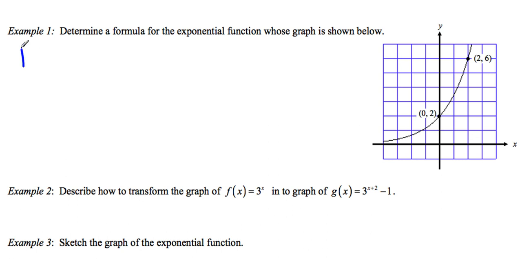We start off with our exponential form, a times b to the x. The first thing I see is that my y-intercept is given to me. It's (0, 2). So that 2 is our initial value. When x equals 0, the initial value of this function is 2. So I'm going to plug that into our a value.